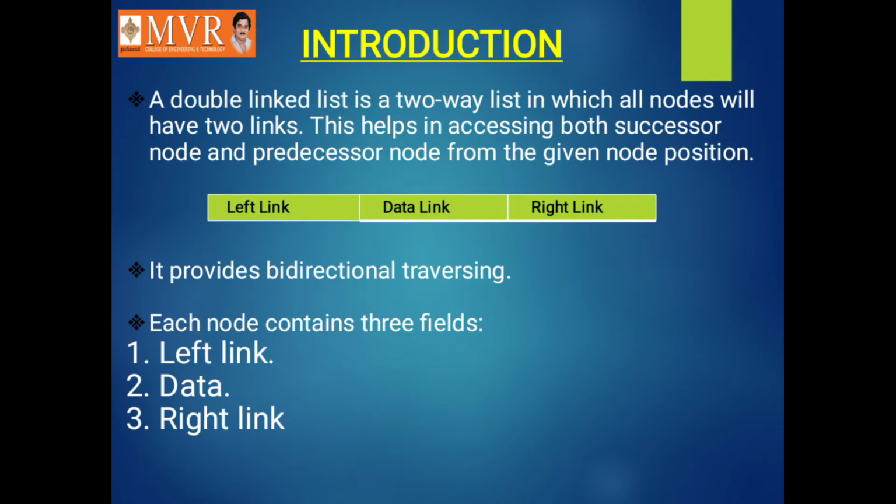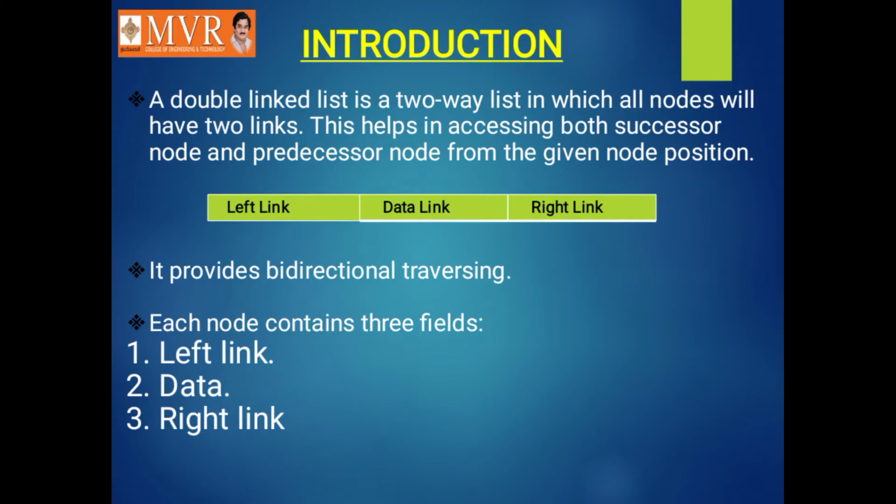So, coming to the introduction of the double linked list. A double linked list is a two-way list in which all nodes will have two links. This helps in accessing both the successor node and predecessor node from the given node position. That is, a double linked list is a linked list in which a node contains three parts: one part for storing the data and two parts for storing the links, that is the left link and the right link.